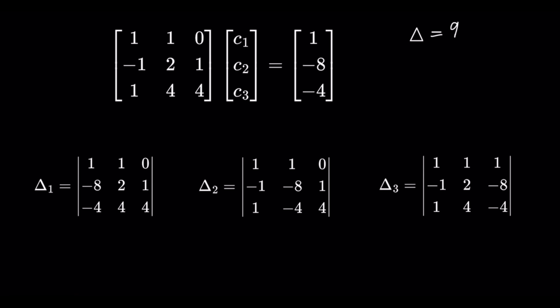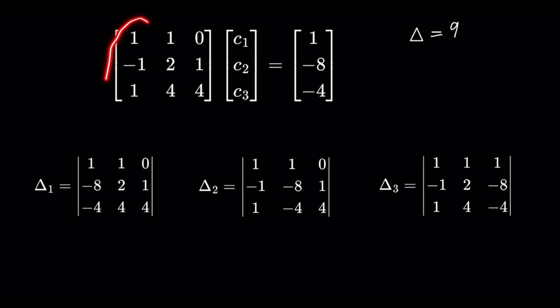Now that we have found the base determinant, delta, we can proceed to find the values of the variables C1, C2, and C3 using Cramer's rule. To find the value of C1, we'll be using the formula delta 1 divided by delta. We know the value of the base determinant, and to calculate delta 1, we are going to be replacing the first column of the original coefficient matrix with the constant column.